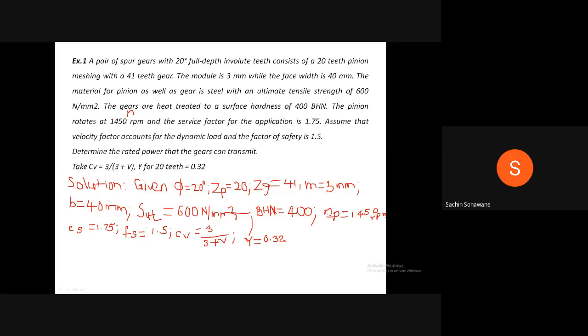NP, that is speed of the pinion, is equal to 1450 rpm. Service factor CS is equal to 1.75. Factor of safety Fs is equal to 1.5. Cv, that is velocity factor, is equal to 3 divided by 3 plus V. And Lewis form factor Y is equal to 0.32.